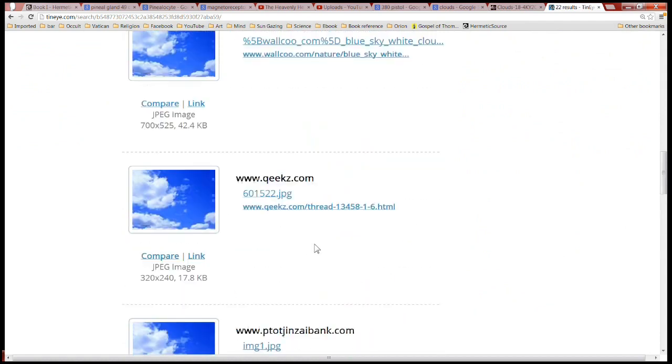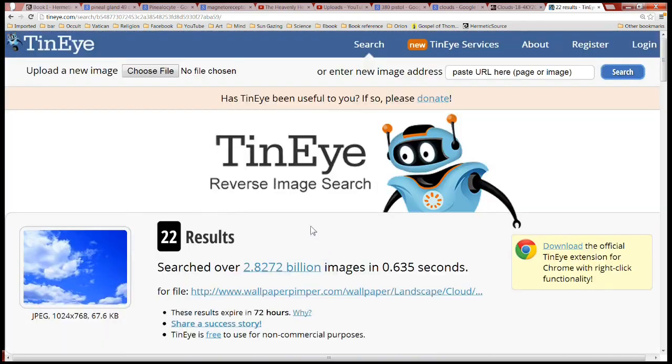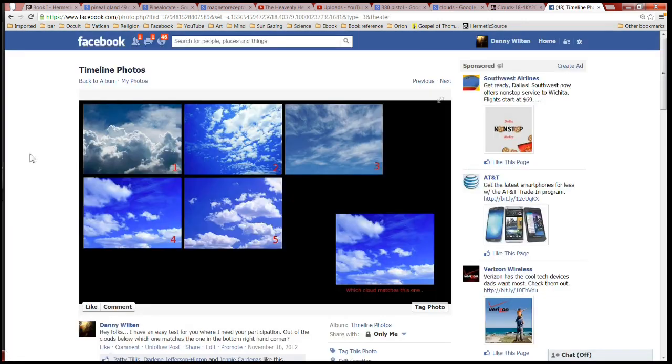So now that we've established that, let's take a look at what some other people said when I presented them 4 different sets of clouds. Now we're going to test the human's ability to recognize pattern matching among complex images, which are clouds, basically the same as the Orion Nebula, since that is a cloud. What you see right here are 5 different images at the top, numbered 1 through 5.